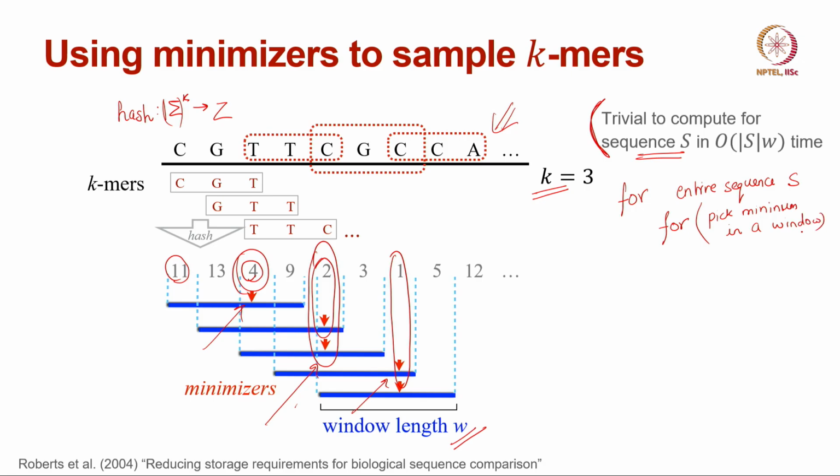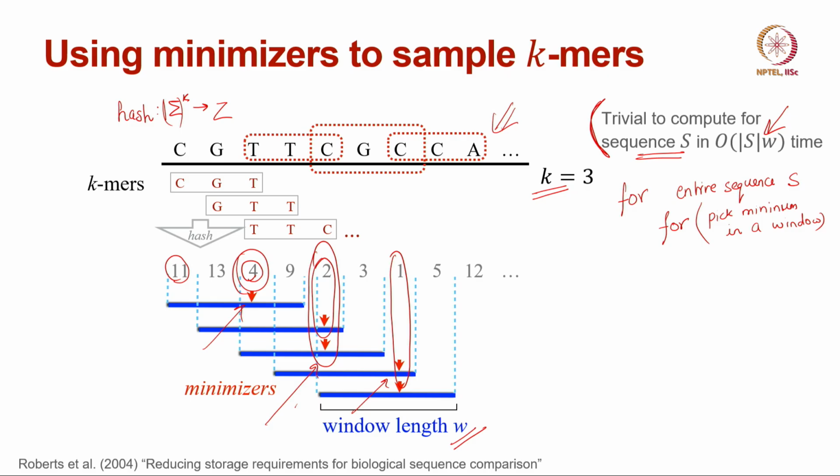So, I need the first for loop to process the entire sequence and the second for loop to process the minimum value in a particular window. Therefore, because the window size is w, this is doable in order |S| times w time, and it is a trivial algorithm, that is, it is a simple code which requires 2 for loops.